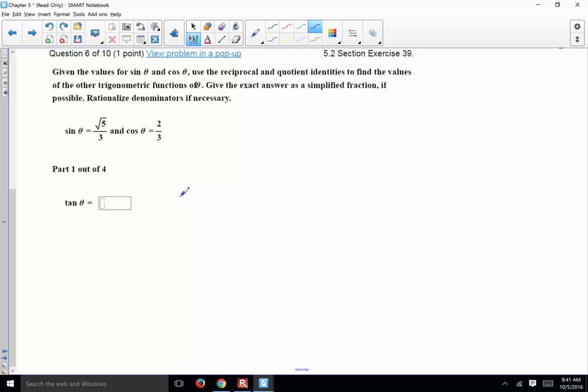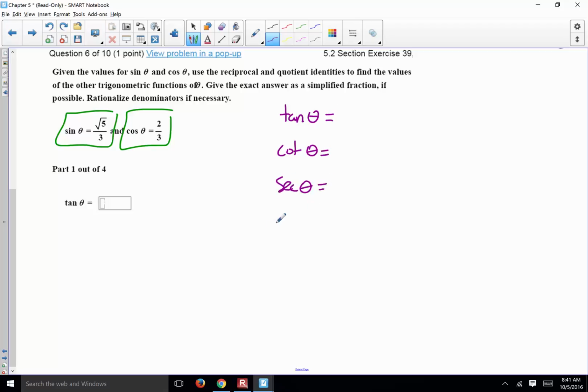Alright, we're going to apply what we learned to this question. We are given sine and cosine of an angle in a triangle. What we want to find is the remaining 4 trig functions: tangent, cotangent, secant, cosecant.